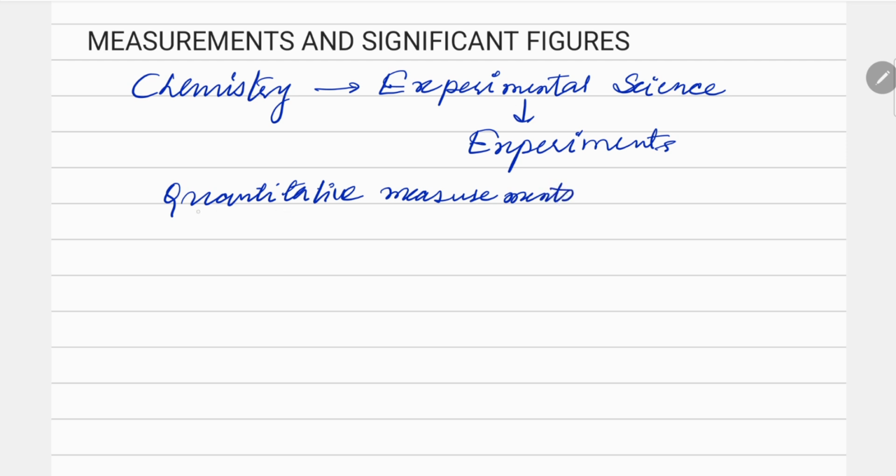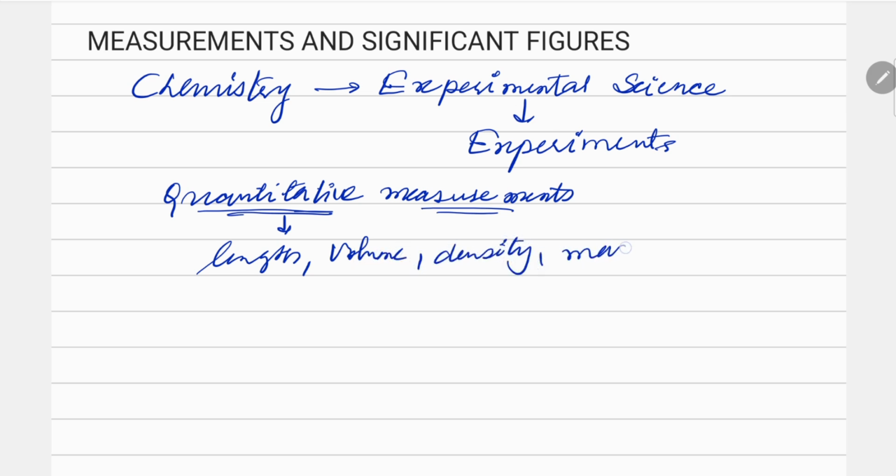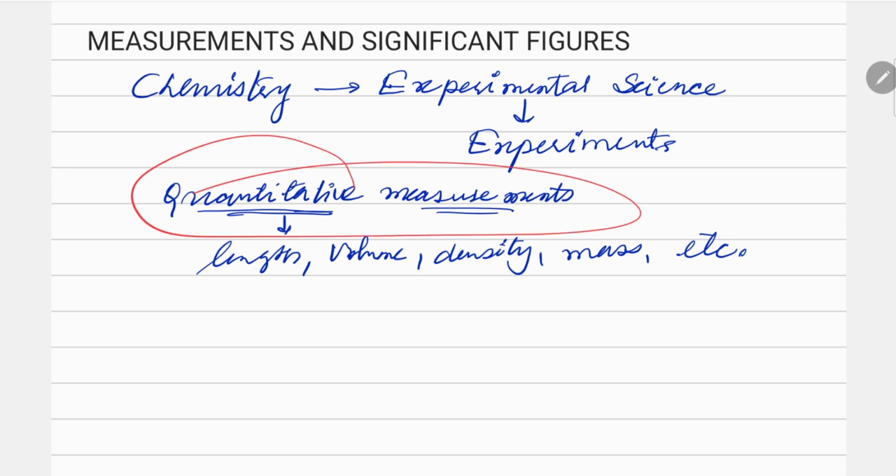It means that we get to know about quantities like length, volume, density, mass, and a lot of other things, like pressure. All these things have a number in them, and that number leads to quantitative measurements. That is why in chemistry we do a lot of measurement, because it's an experimental science.